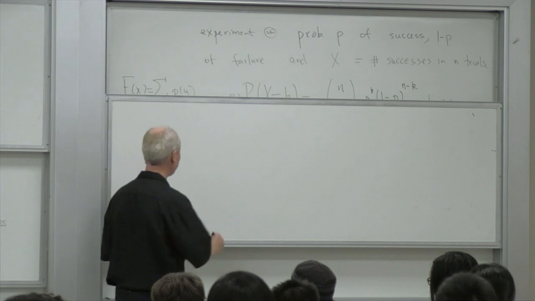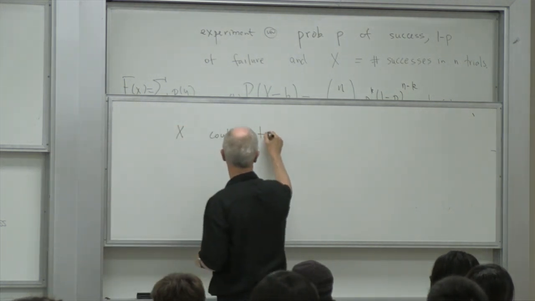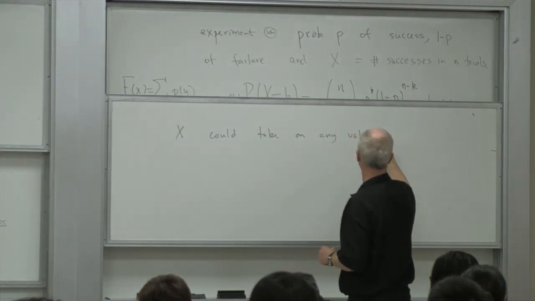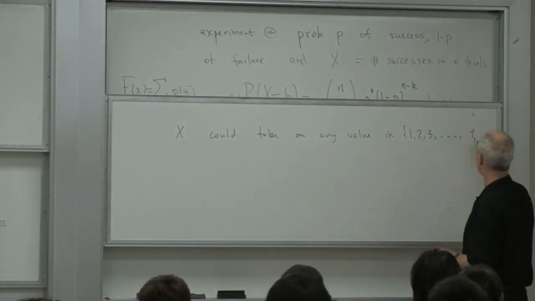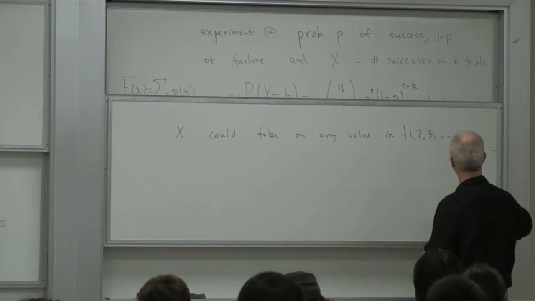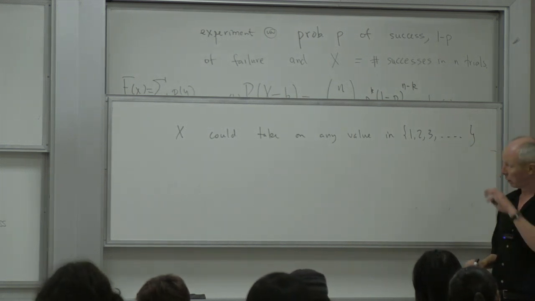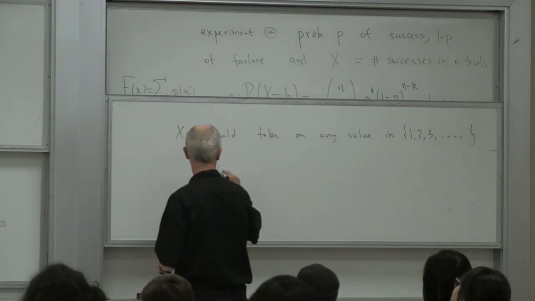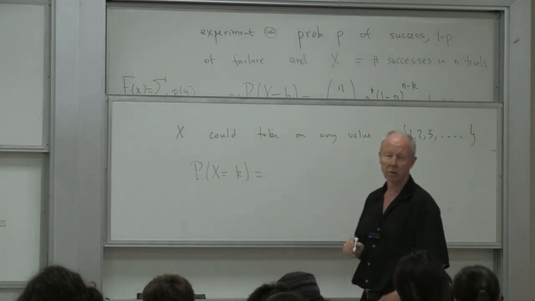So here X could have the values 1, 2, 3, 4, 5, and it keeps going, right? For any value in there, what's the probability that X is equal to k? What's the probability the first success occurs on the kth trial?